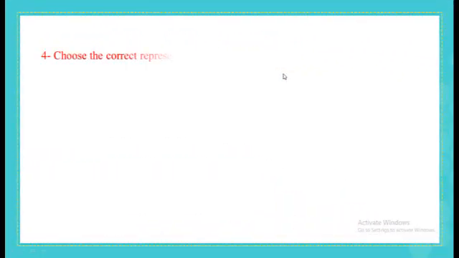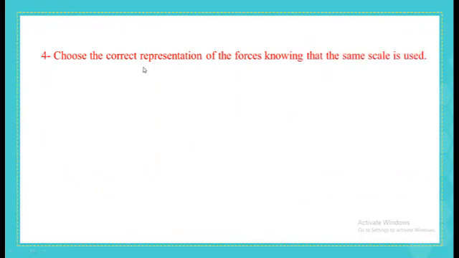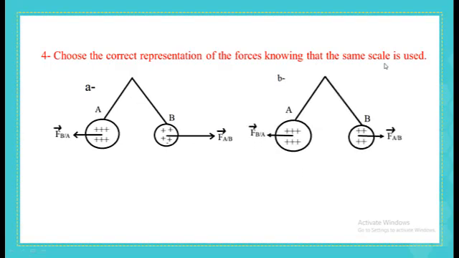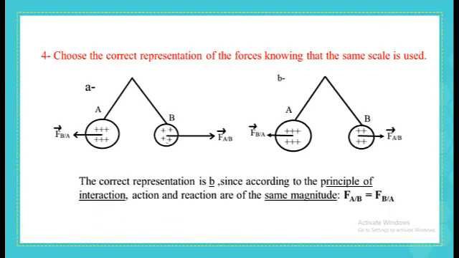The final question, you have to choose the correct representation of the forces, knowing that the same scale is used. Pause the video and think about the answer. Yes, the correct representation is B, because the two forces have the same magnitude, and because we're using the same scale, the length of these two vectors should be the same.